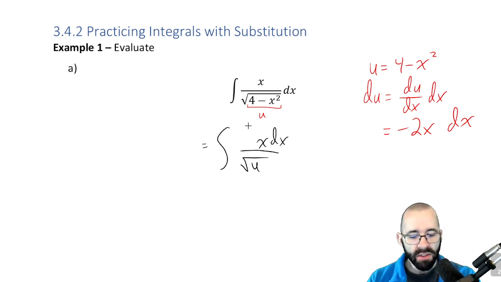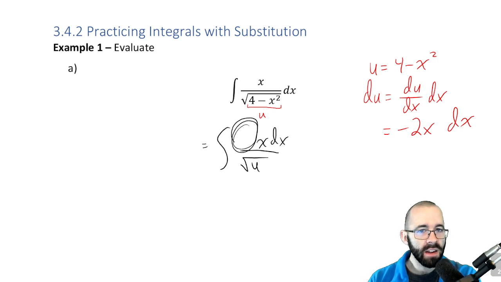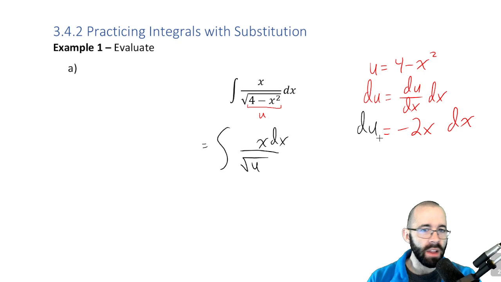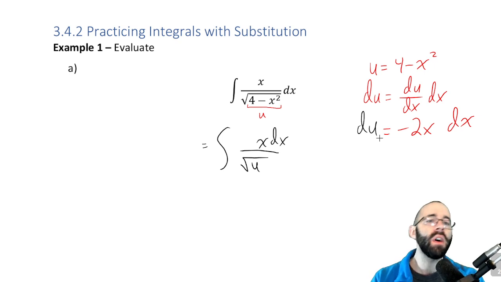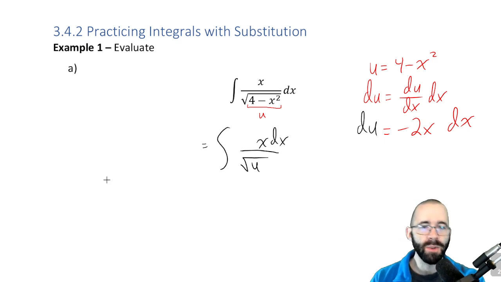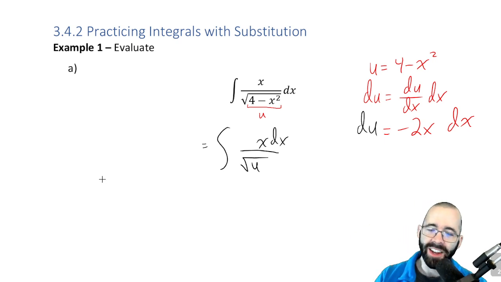So if we had a negative 2 right here, we could perfectly substitute and get everything in terms of u. That would be great. But we don't have a negative 2. Could we get one? Yeah. You can't just make things up in math. Well, jury's out on that one.